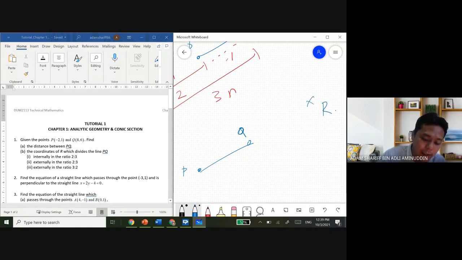R, tak cantik. Sini sikit, boleh lah kot. Okay, so the ratio between P and R is 3. And this is 2.